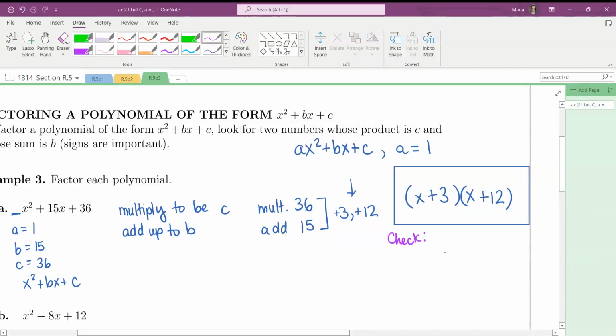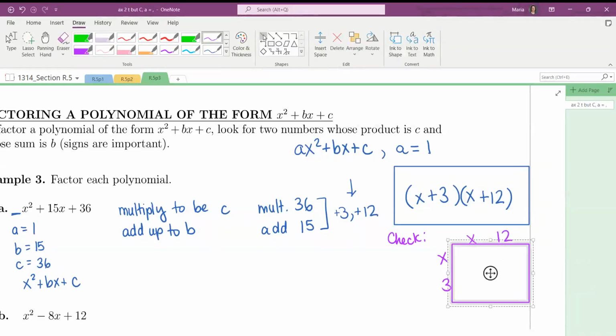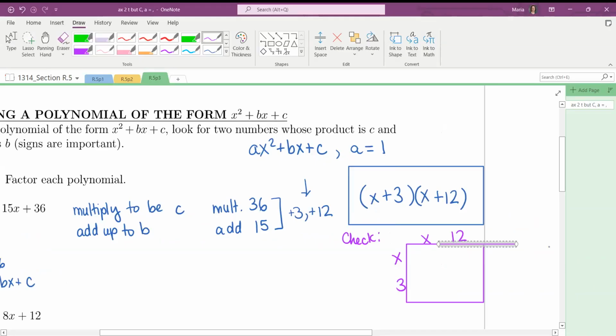I'm going to go ahead and use the box method on this. So I'm going to write x plus 3, x plus 12, and make my boxes. I'm going to multiply each pair together, and this is equivalent to doing the FOIL method. So x times x is x squared. x times 12 is 12x. 3 times x is 3x.